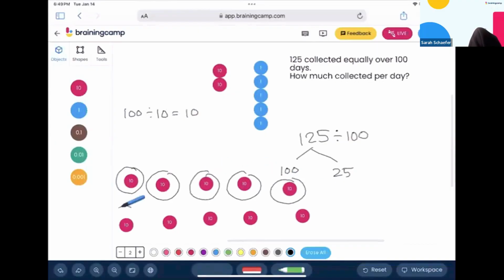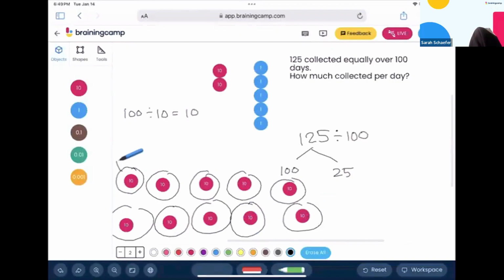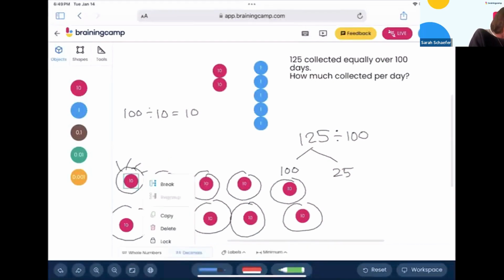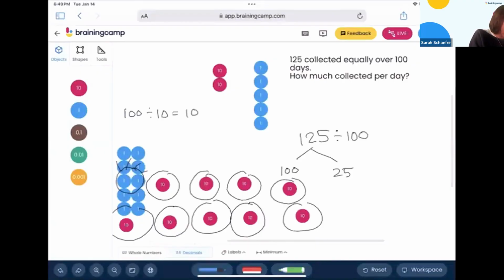And so if we took that 10 and now this went into 10 more groups, that's right. So we could even break that apart to see, and the screen would get really busy, but we could see that 100 ones and that we would have one in each group representing one each day. So we all agree that that 100 is going to be really friendly.